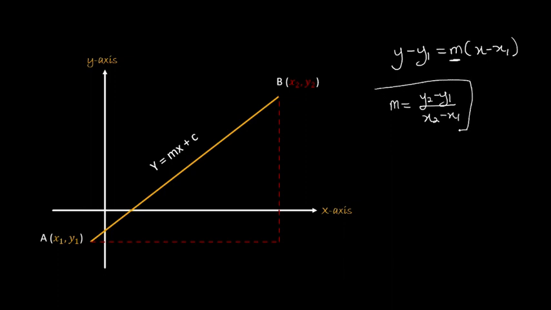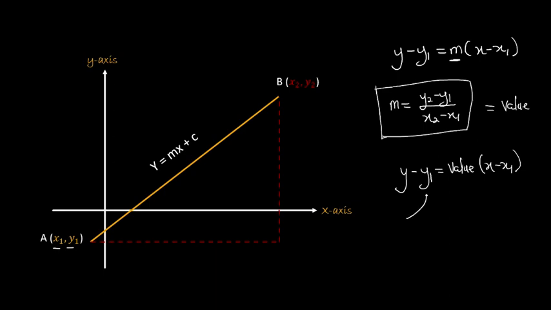The value you obtain, you substitute into the expression y minus y1 equals, then you have that value, which is the gradient, times x minus x1. Already you have your x1 and y1, so you substitute them respectively, and then you find the equation of that particular straight line.